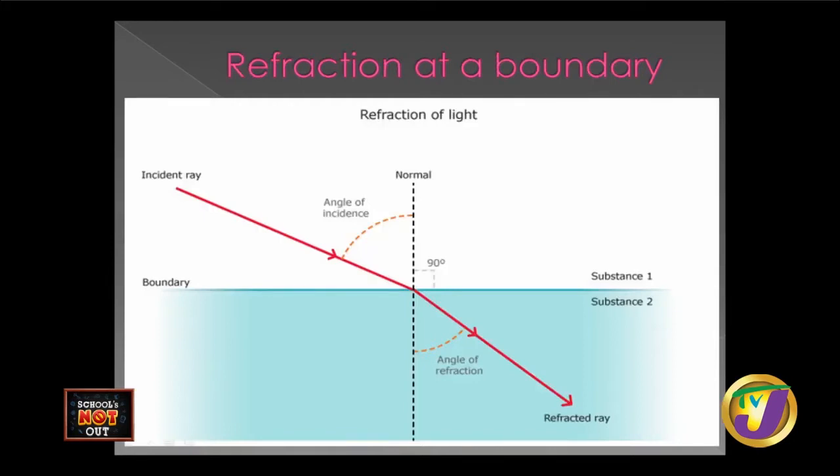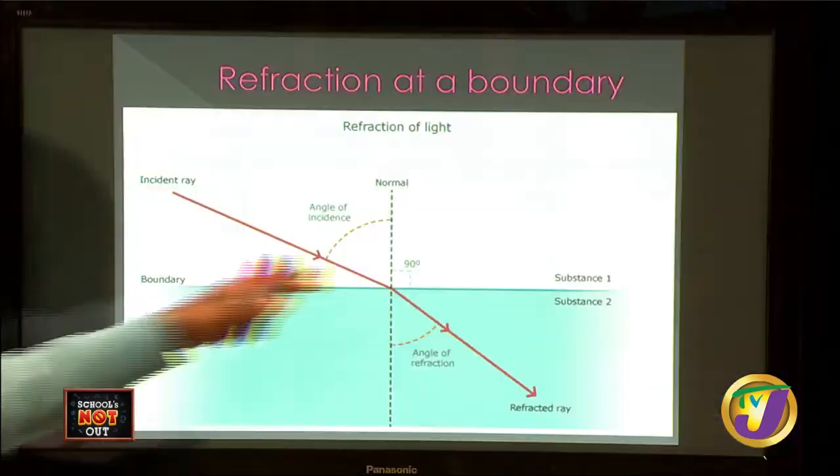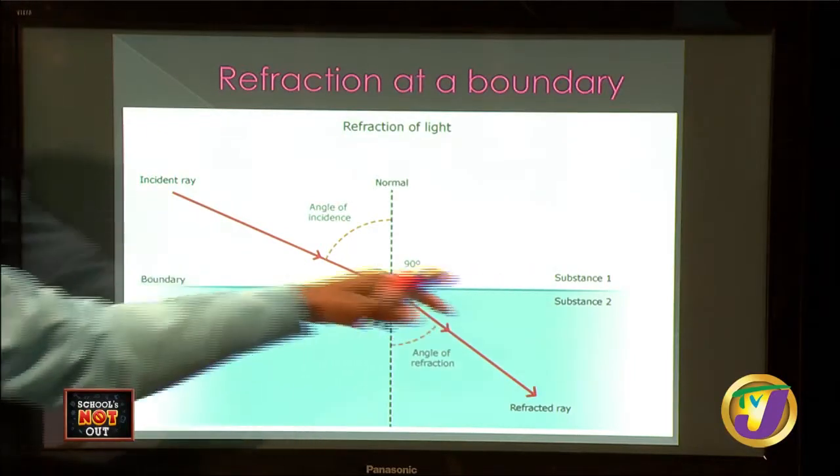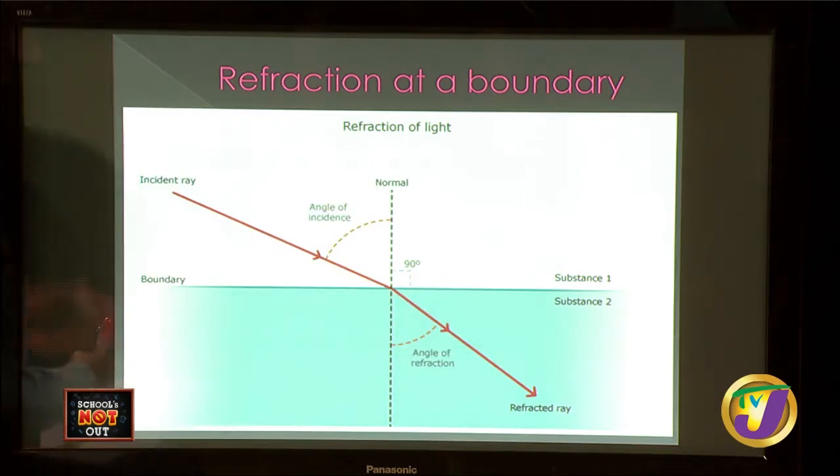Here we have the incident ray. Normally, if this was reflected, it would be bouncing off this point here. But here we have a situation where this boundary is not one that will reflect. It will actually cause the ray to go into the next substance or medium or region.